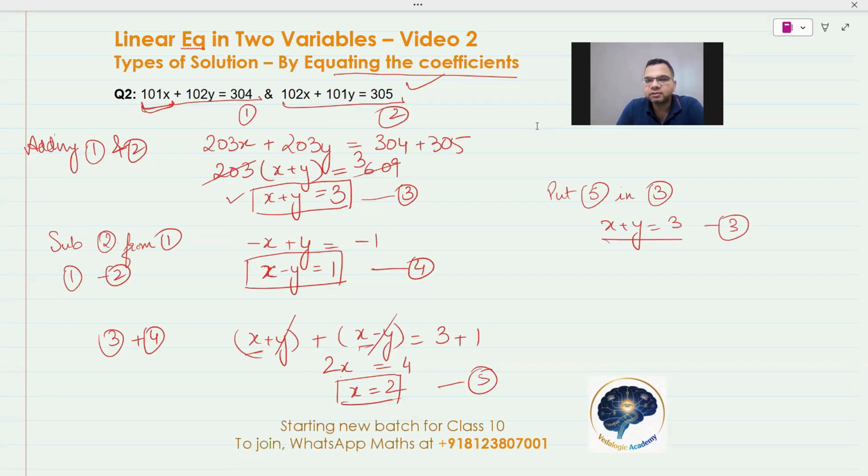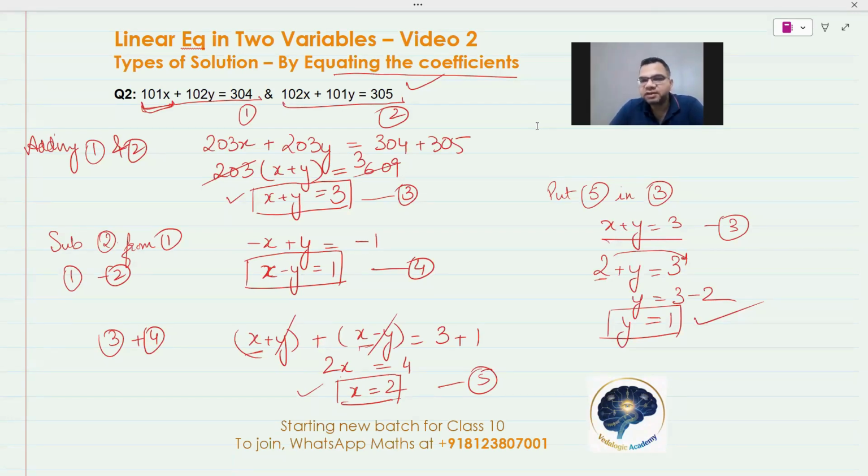So I'm putting the value of x as 2. 2 plus y is 3. If I bring this 2 to the right hand side, it becomes minus 2. So it becomes y equals 3 minus 2, which becomes y equals 1. Okay, so we have found the values of both the variables, x and y.